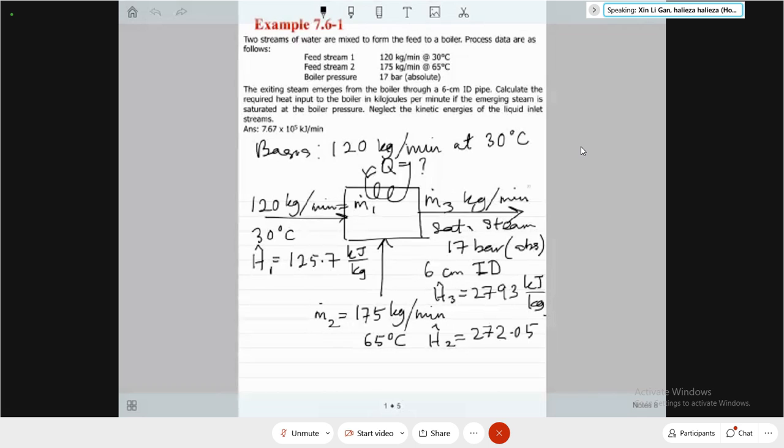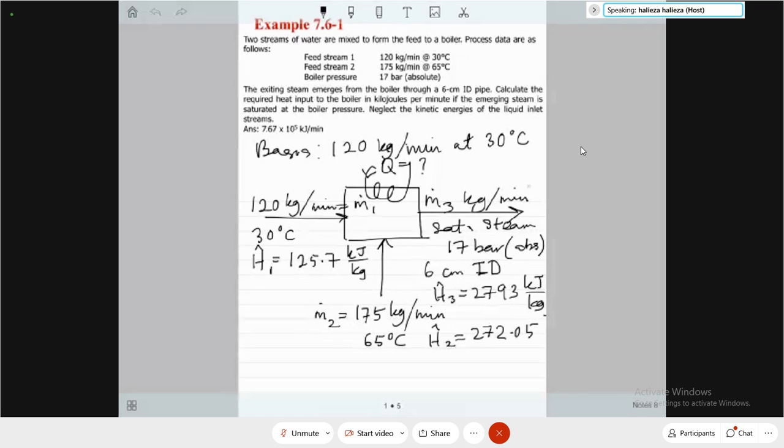Don't use the pressure table, because the pressure is not given in the question. The temperature is given. If you're looking at liquid, liquid is more affected by temperature than pressure because it's incompressible. So look at the temperature, but not at the pressure for liquid.